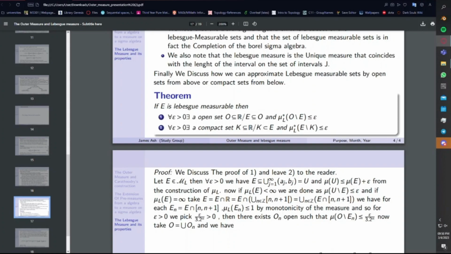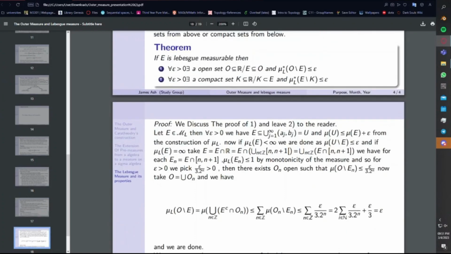Now, we just pick epsilon to be epsilon over 3 times 2 to the n. The reason for this is again technical. You'll notice that this 2 to the n we mentioned above is going to show up again, because once we take the summation at the end, it's just going to be simplified to epsilon.